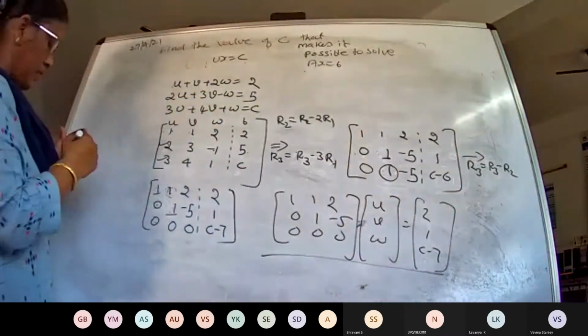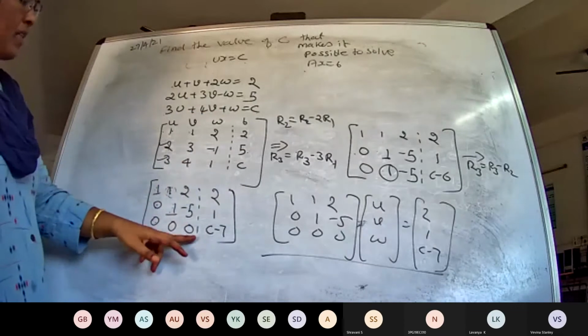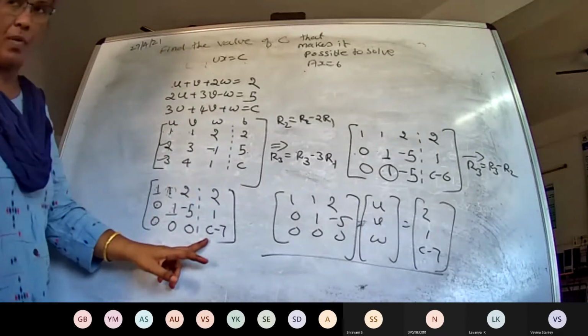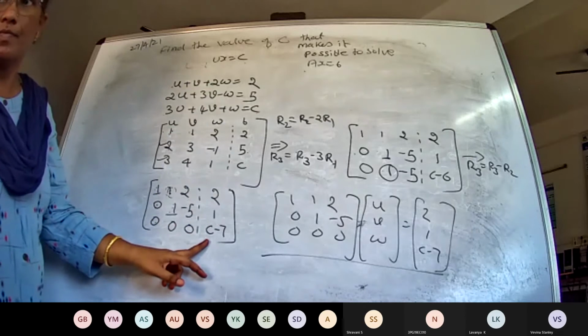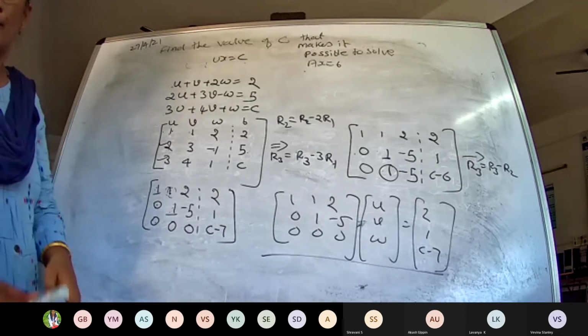Here itself you can answer me. So look at this matrix and tell me when will this system be solvable? When C minus 7 equals 0.